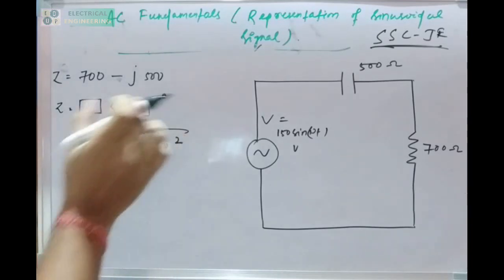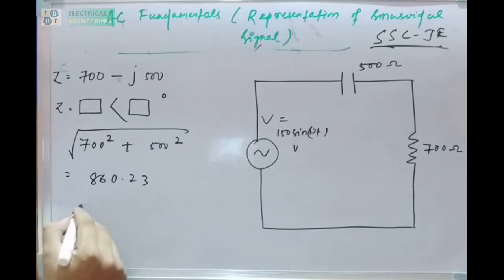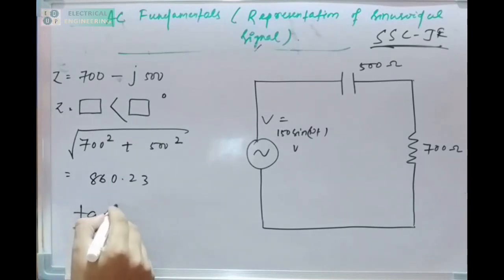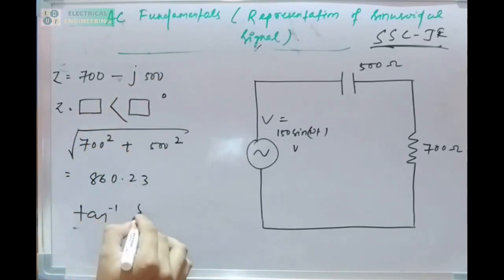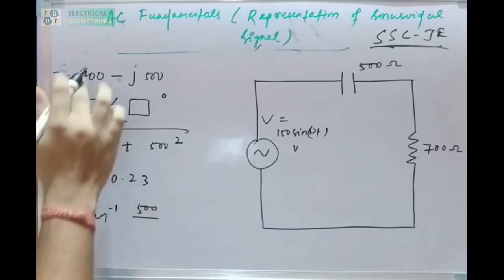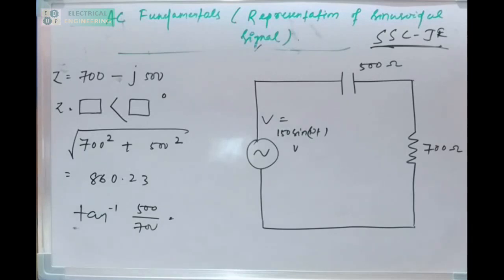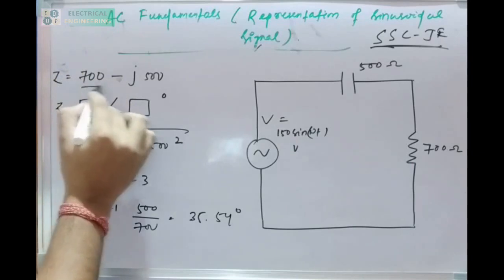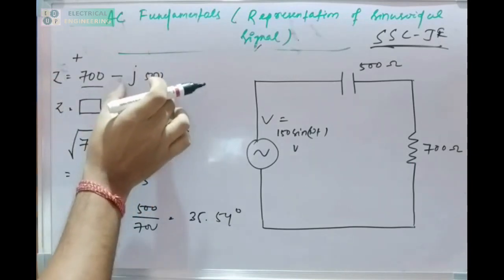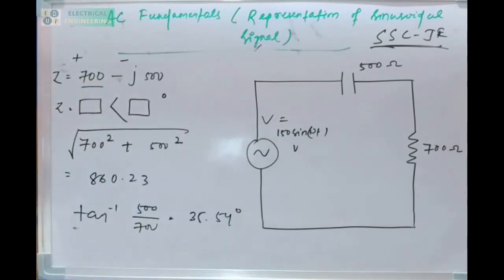And what will be the angle? The angle is tan inverse of the imaginary part over the real part, that is 500 divided by 700. You will get the value 35.54 degree. Okay, then check the sign. What is the sign here? Here the real part has a sign of plus, and the imaginary part has a sign of minus.